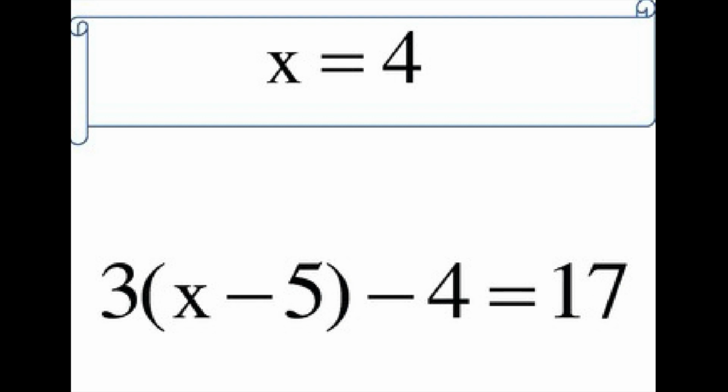Okay, so now we have distributed everything, we are left with 3x minus 19 equals 17. So what we want to do is add the 19 to both sides, and you are left with 3x equals 36.